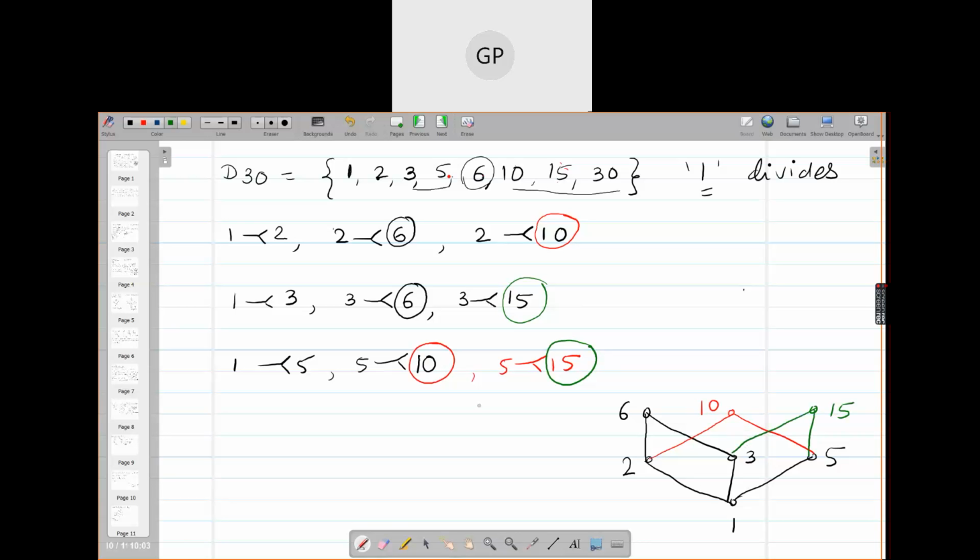And if you see 2, 3, 5, they are non-comparable, so they are at the same level. Similarly, if you see 6, 10 and 15, do they divide each other?